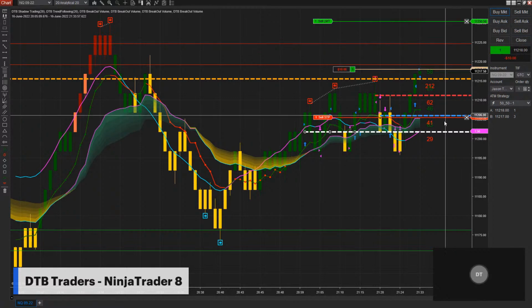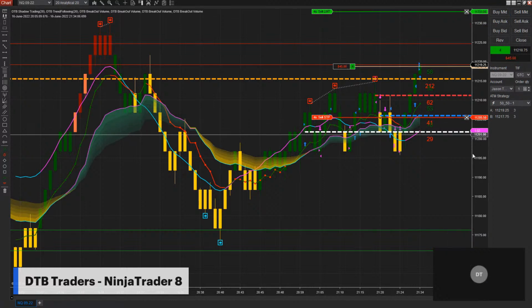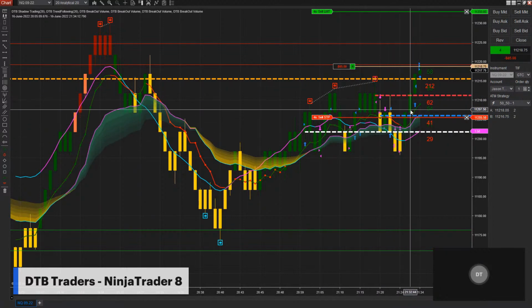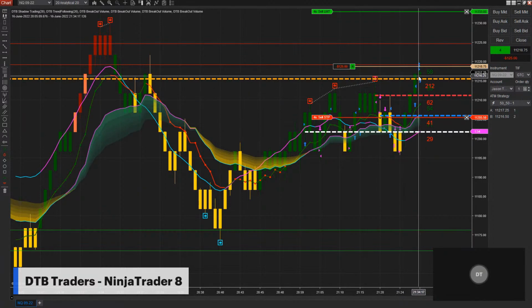Okay, so I'm going to enter again over here. We have had a lot of action within the zone, but if you notice, the price has quite quickly gone up through all these zones.